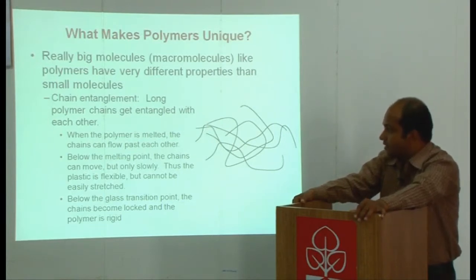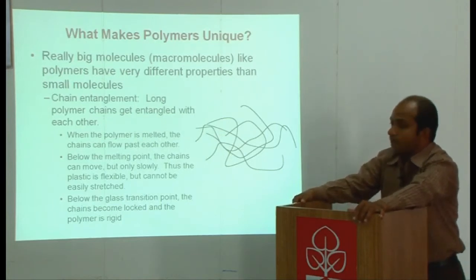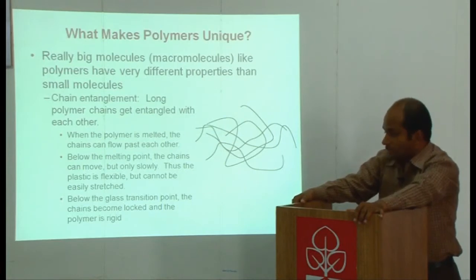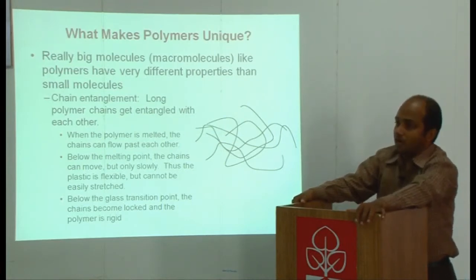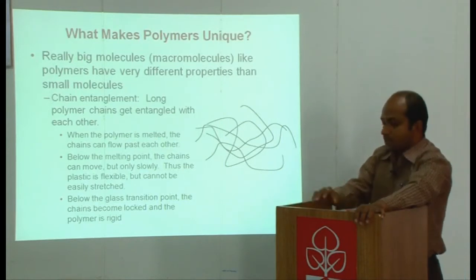Initially there is disentanglement upon heating, so the polymer chains start to move slowly, and once they reach the glass transition temperature, the flow increases. Or the other way around, below the glass transition temperature, the chains become more rigid, and the polymer does not move, it becomes inflexible.